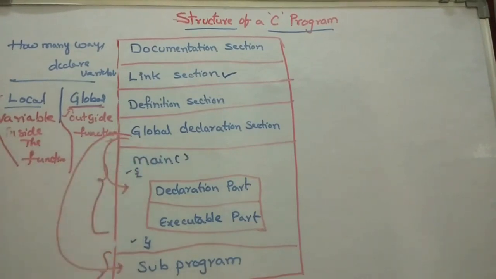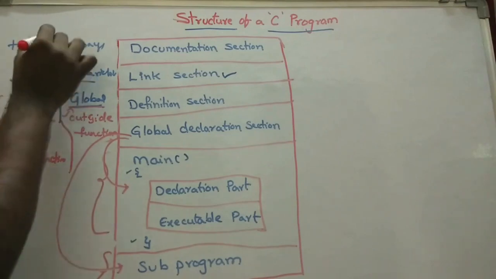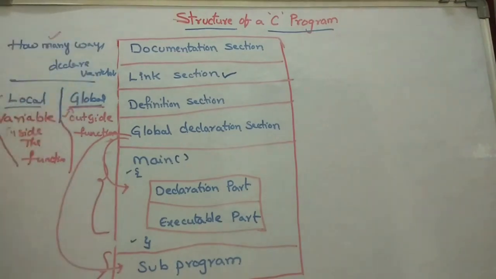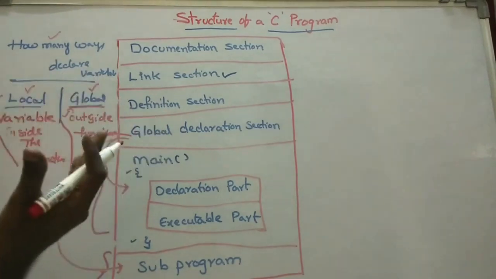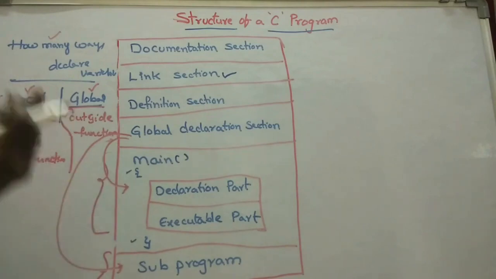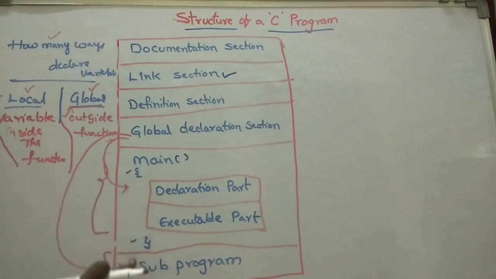Are you clear? We can declare the variable in two ways. One is local, another one is global. Local means only within the function. Global means outside of the function. Whenever you declare the variable as global, that variable can be accessed within the function as well as outside of the function. Okay?